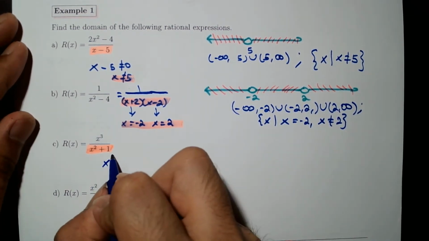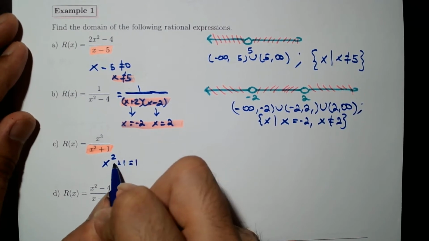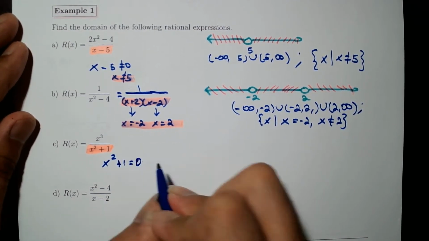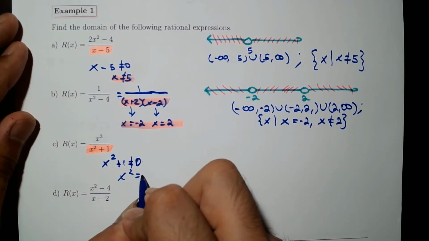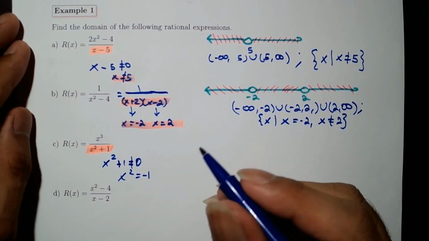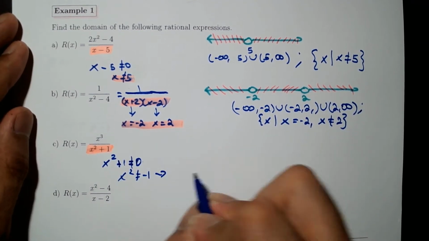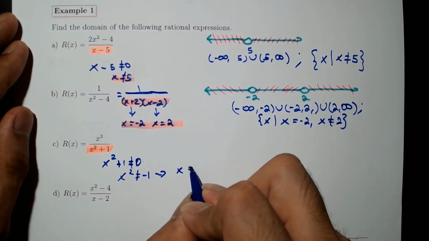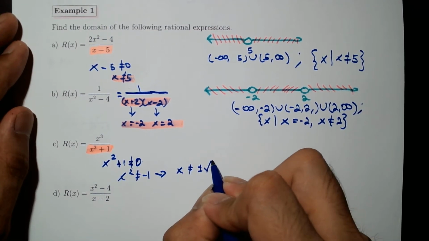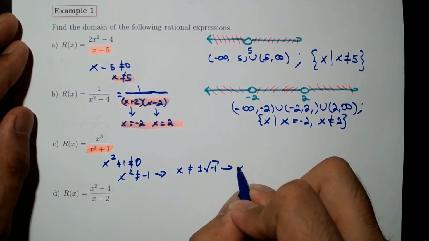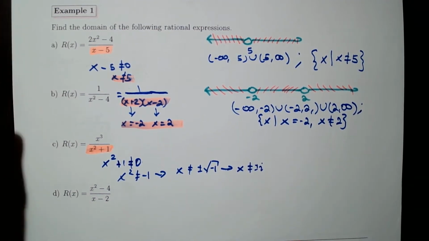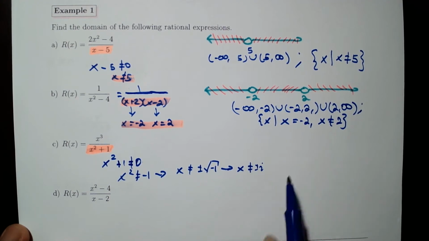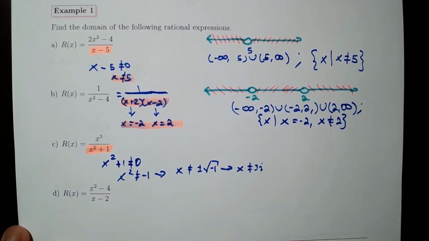If we try to solve x squared equals negative 1, we get plus or minus the square root of negative 1, which is plus or minus i. However, we don't want imaginary or complex numbers. So in this case, there are no restricted numbers.